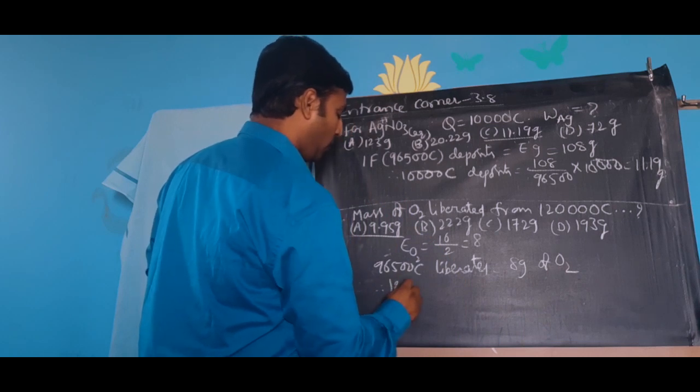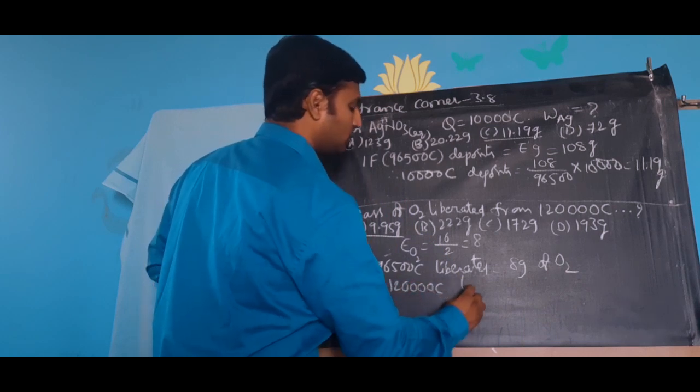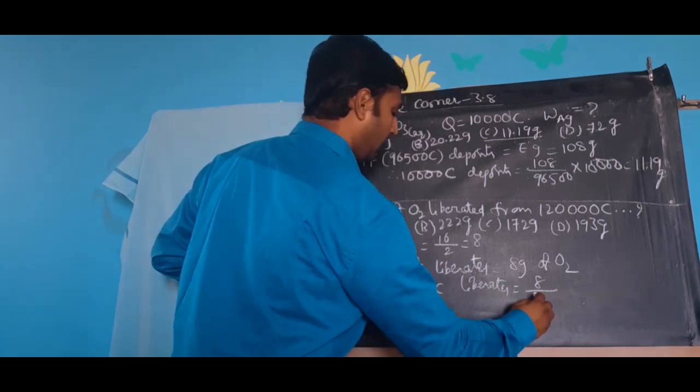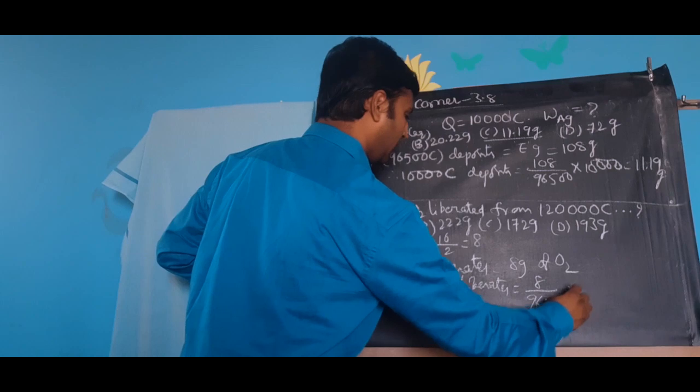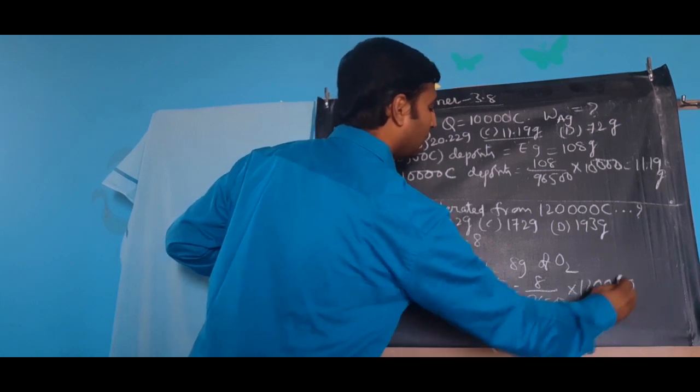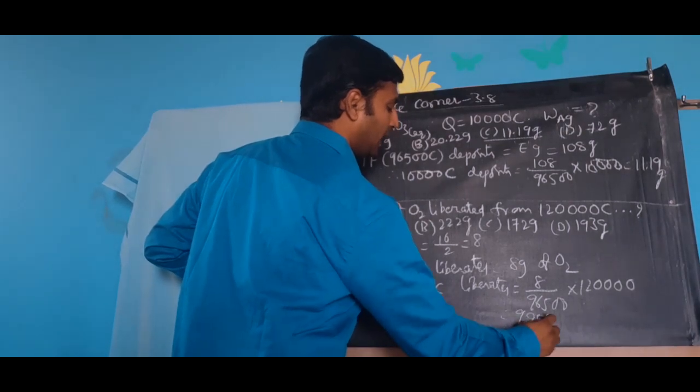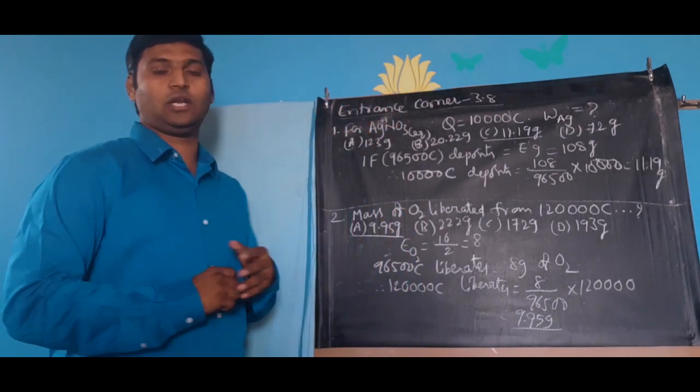Therefore, 1,20,000 coulombs liberates 8 by 96,500 into 1,20,000. Simplify it, you will end up getting 9.95 grams of oxygen only.